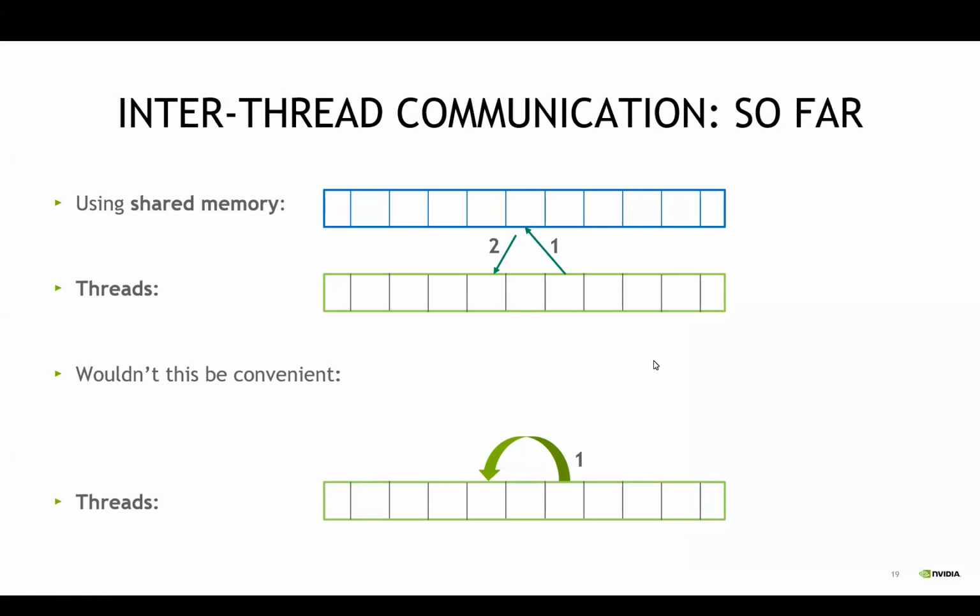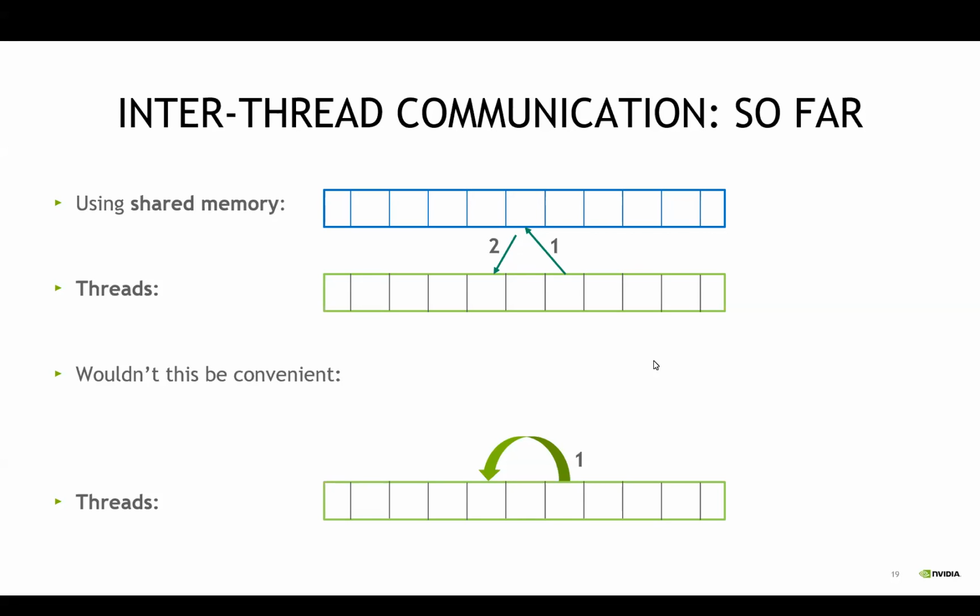So what's the motivation here? What we've been doing so far is performing this reduction, our motivating example from the beginning of this session, using shared memory. And we know that shared memory is a vehicle to communicate data from one thread to another. That's one of its primary uses. And so in order to use shared memory in that way, it requires two operations. One thread has to write into shared memory.